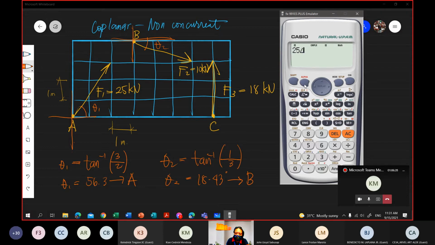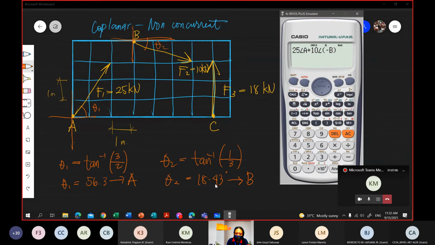Plus F2, which is 10 kilonewton, acting at theta 2, stored at B. Measured from the positive x-axis counterclockwise, it is in the fourth quadrant. If measured clockwise, it becomes negative, so I will also enter negative B.